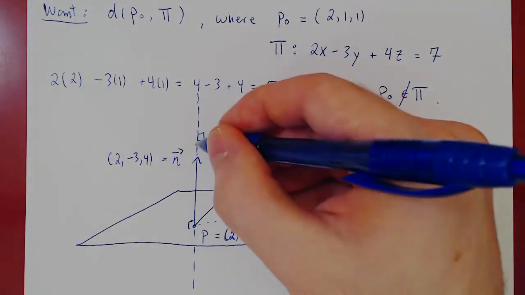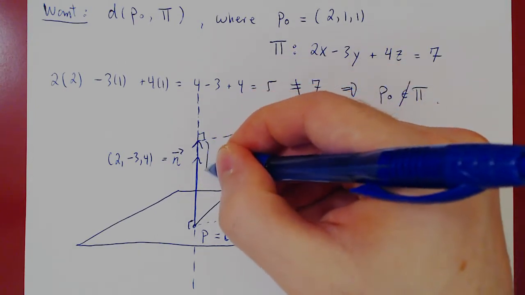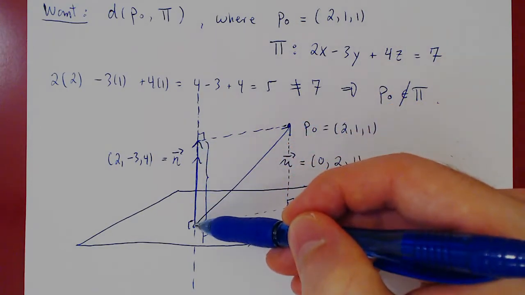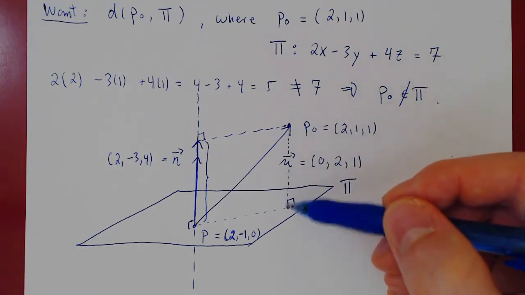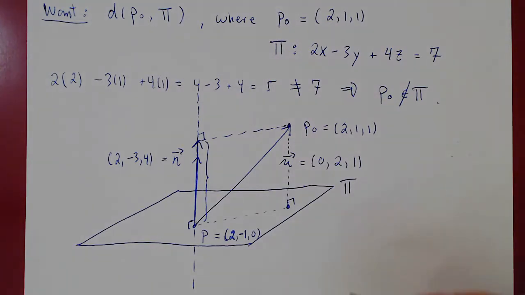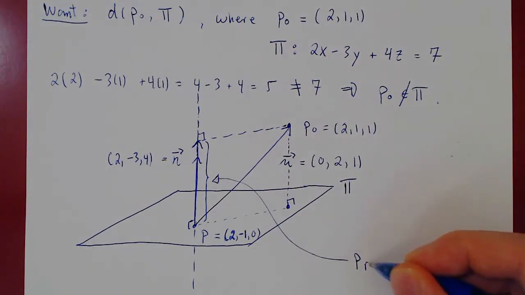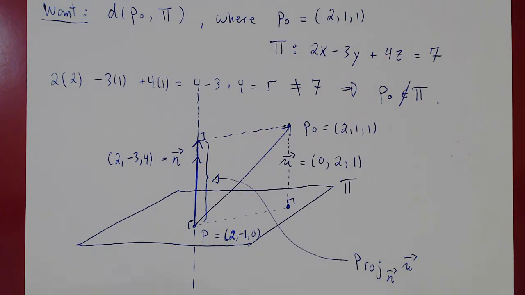And now, the length of the vector you obtain will be exactly the length of this line segment, which is the distance between the point P0 and the plane pi. And this is the projection of u onto n. So let us find this vector, and once we have it, the norm of this vector is the distance.